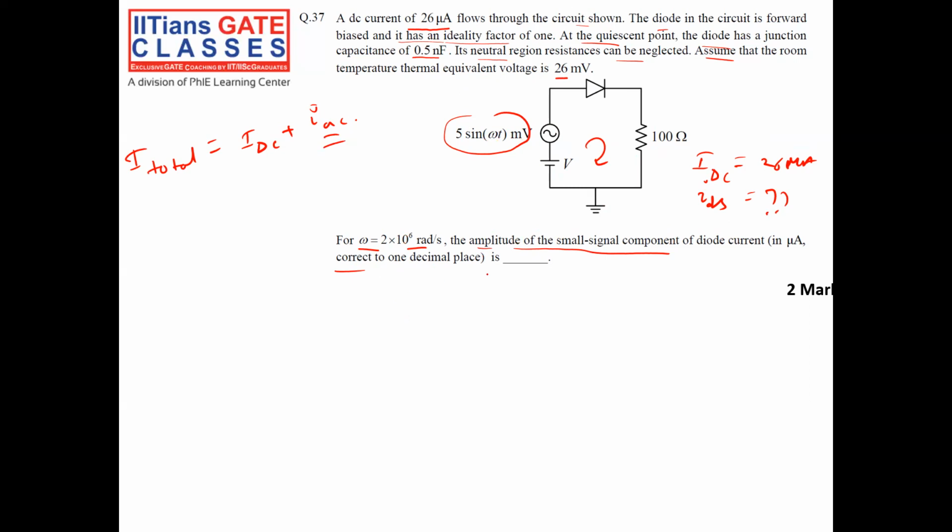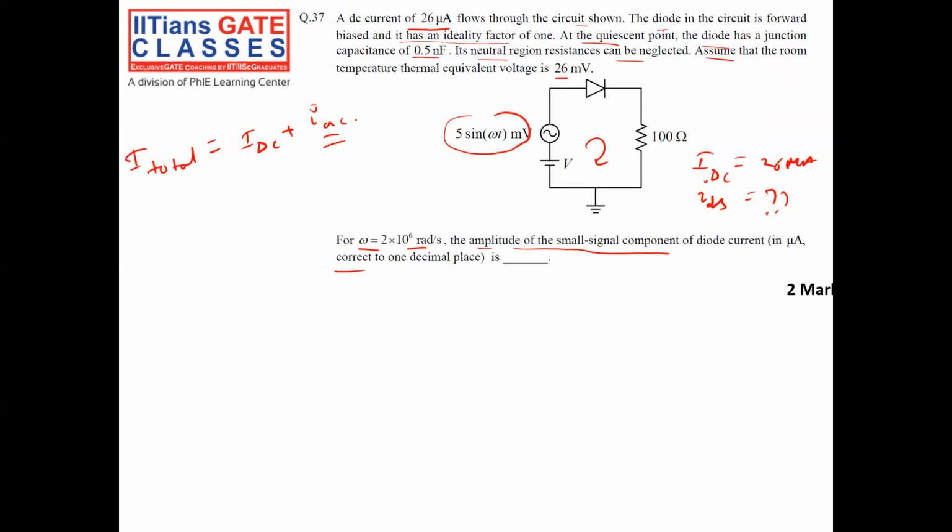For this, we have to replace the circuit with the small signal equivalent circuit. I am interested in finding the small signal AC current, so I make the DC voltage zero, that is, short circuited.